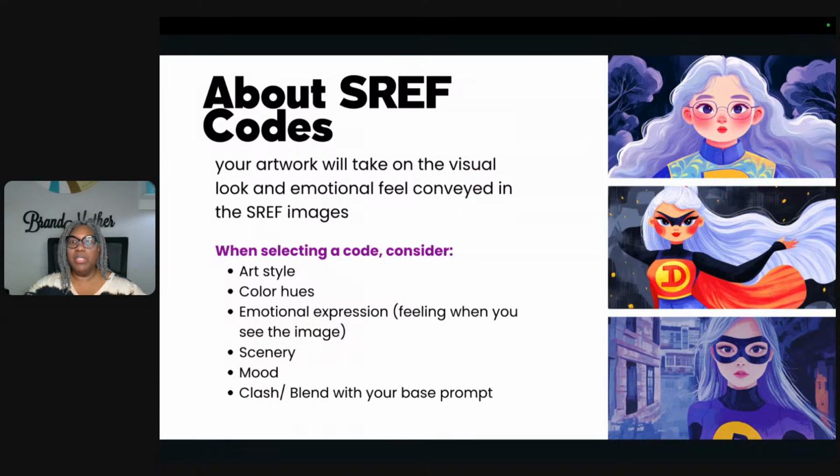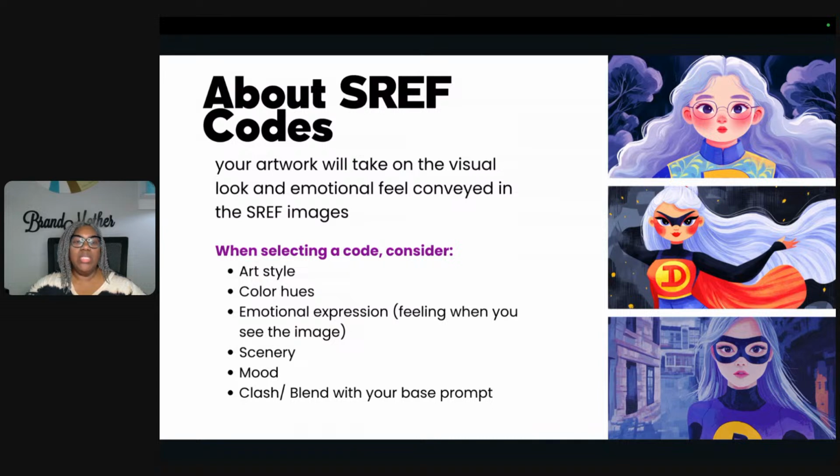So if you're very specific, like, I want these specific colors, I want the image to be this specific way. It's going to take on the art style, meaning whether it's a painting or illustration. It's going to take on the color and the hues. It's going to take on the emotional expression, like what do you feel when you see it? Do you feel anxious? Do you feel excited? So there's an emotion attached to what you see.